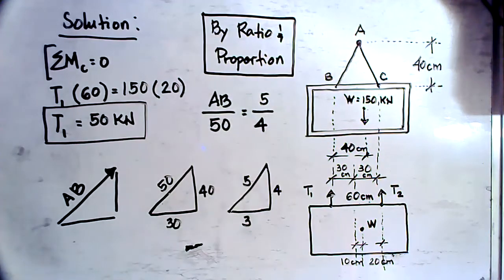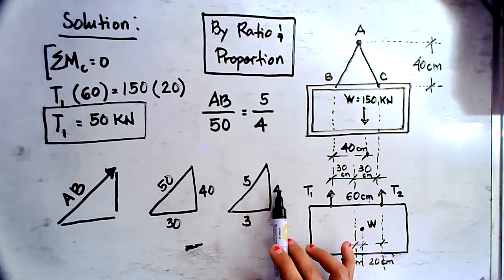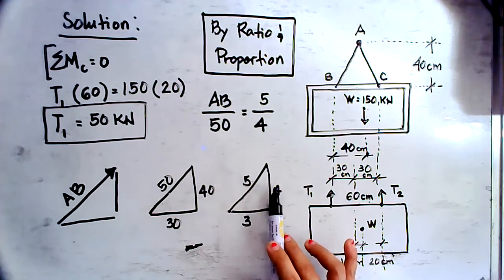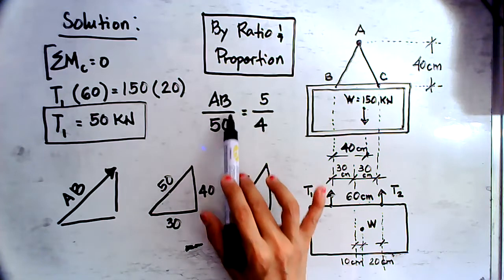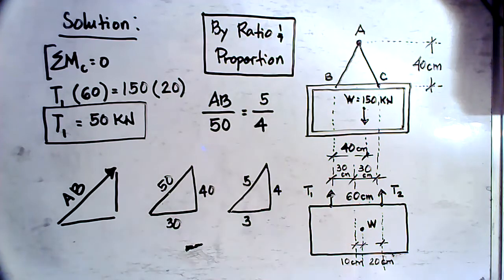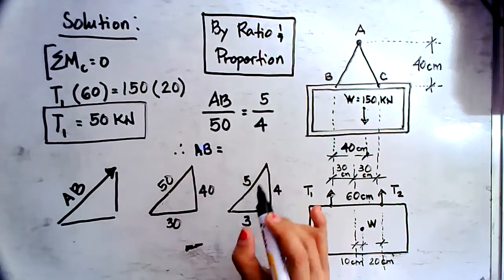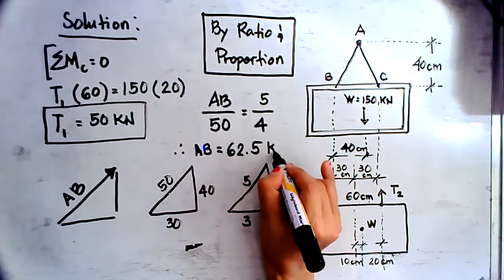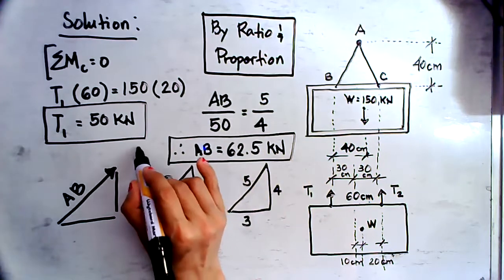Or AB is to 5 as 50 is to 4. In this particular case, you will be able to determine the value for AB, which is equivalent to 62.5 kilonewton, which is our answer to the problem.